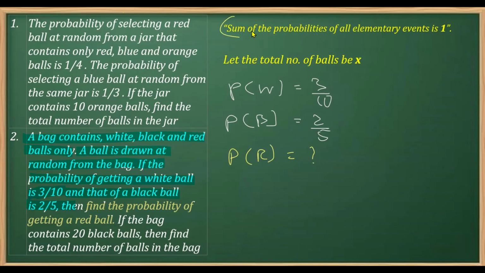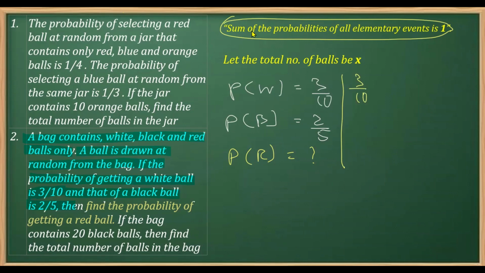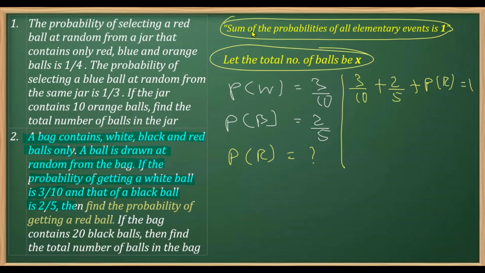Using this relation once again, the sum of these three should give you 1. So if I do it over here, this is 3 over 10 plus 2 over 5 plus the probability of red, I'll use this symbol only, not x, since x I've taken for something else.